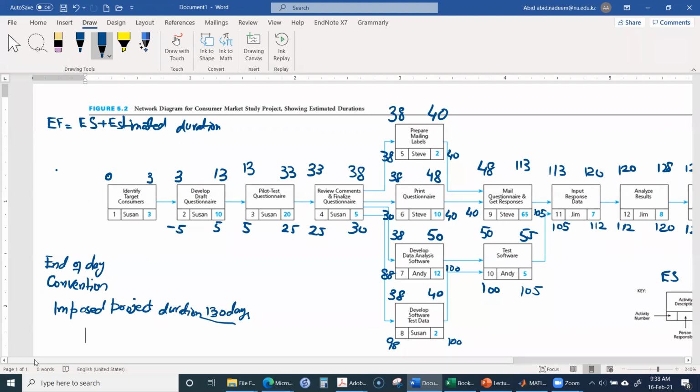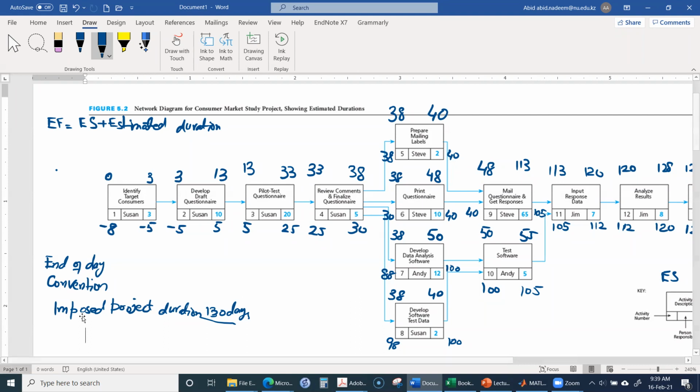And then it will be minus 5. Minus 5 minus 3 is minus 8. So you can see that in the end, we have got some negative times. The meaning of the negative time over here is simply that we must start the project earlier in order to complete the project on time, on the target date.